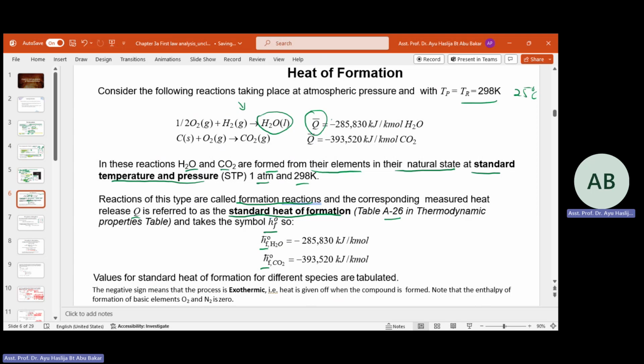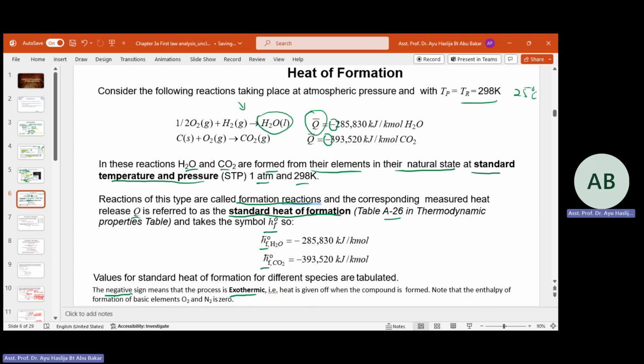Okay, the sign over here. Do you understand the meaning of the sign? We have negative and positive. Negative, what is it? Negative exo. Exo, negative. Meaning? Yes, release heat.